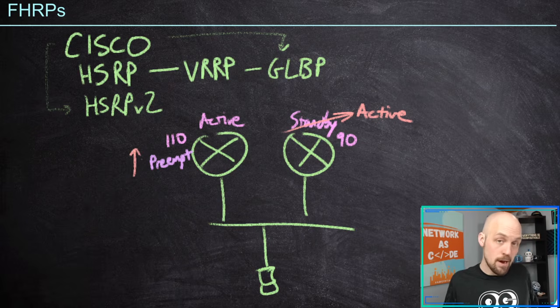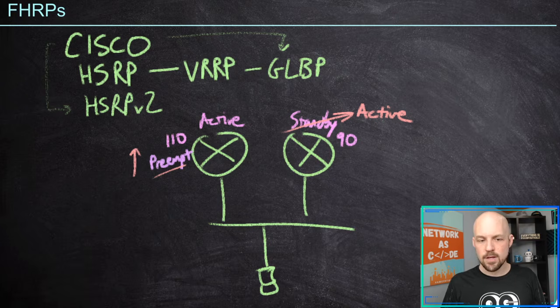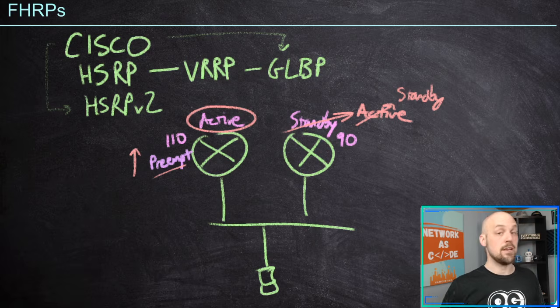Because I have a higher priority level, I'm able to take control back because I've configured preempt. I can preempt the existing active router. So effectively, this active router now becomes the standby again, and this router's active state is restored.